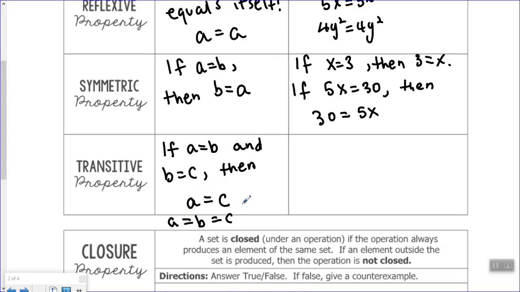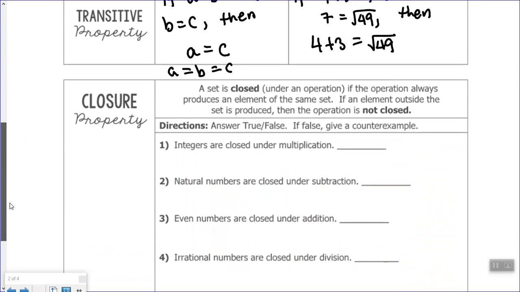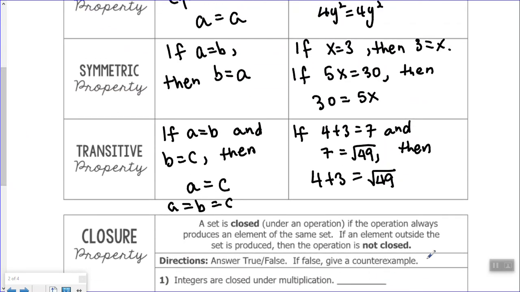Example, if 4 plus 3 equals 7, and 7 equals square root of 49, then 4 plus 3 equals square root of 49. Okay. We are not gonna go over closure property, so we are gonna stop here.